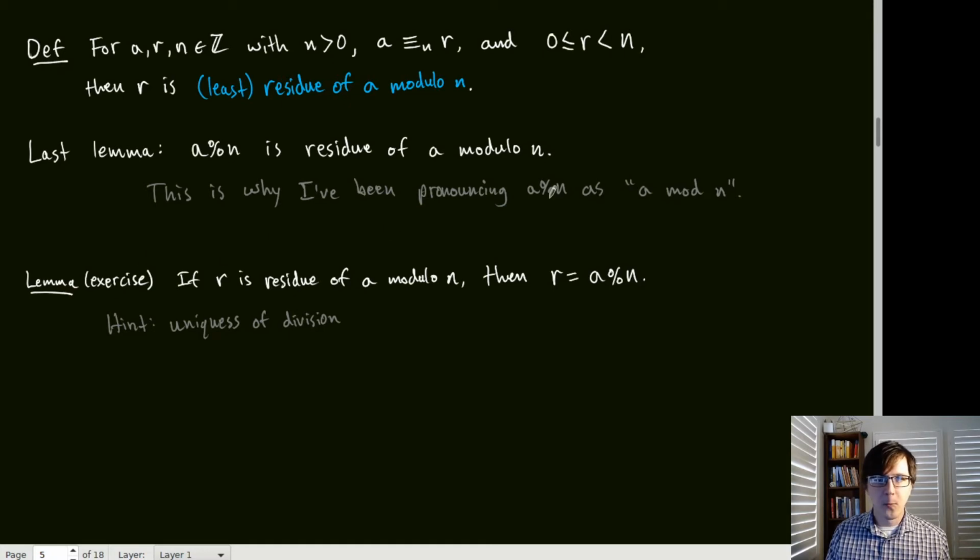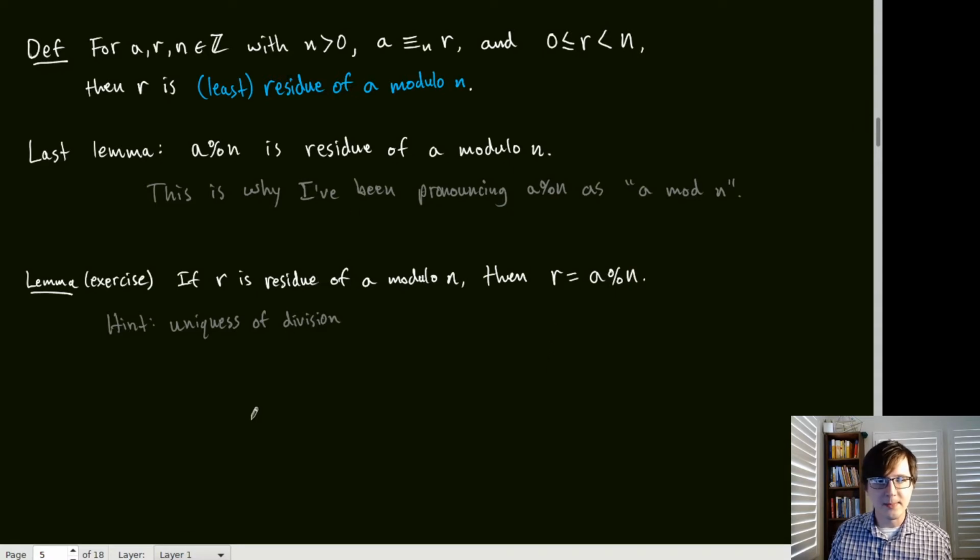So one neat thing about remainders is that they give us a way to tell whether two numbers are not equivalent, because so far we only have a way to say that they are equivalent. And here's the idea that if we have a residue of a number modulo n, then that number just is the remainder.